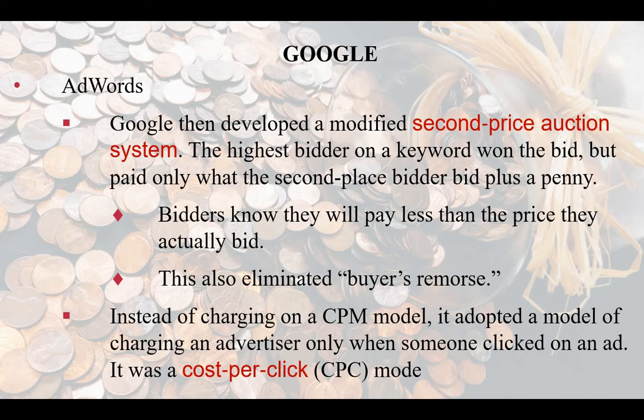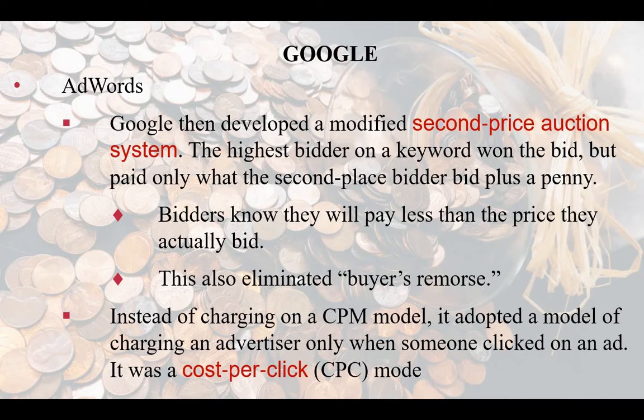And the way that this worked was that it was like any other auction where people bid and the highest bidder would win. But what would happen is that the highest bidder would not pay the price that he or she actually bid. They would pay the price of what the second place bidder had offered, plus a penny on top of that.